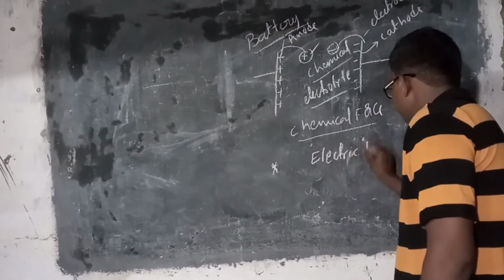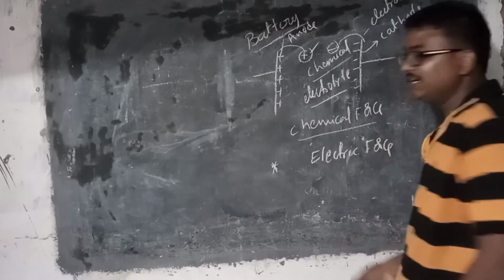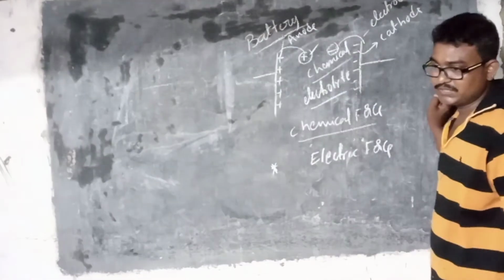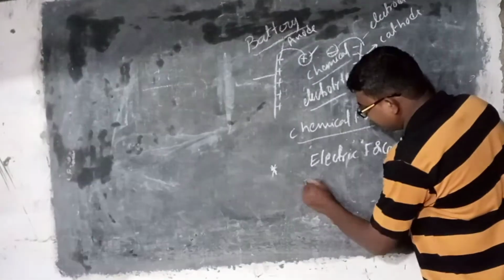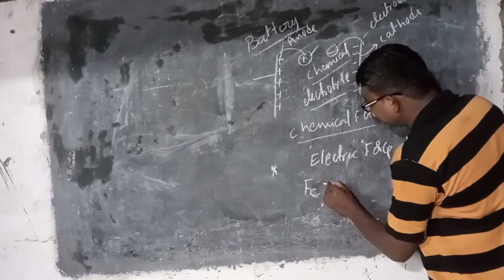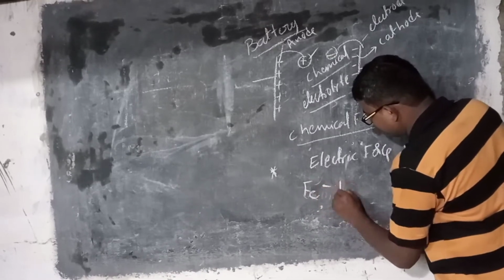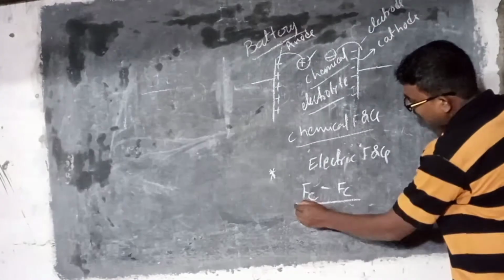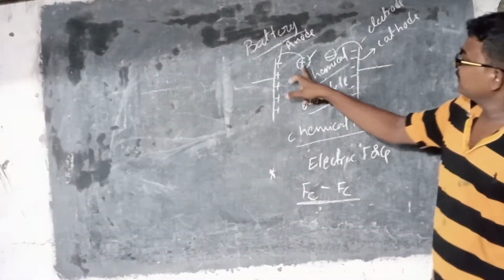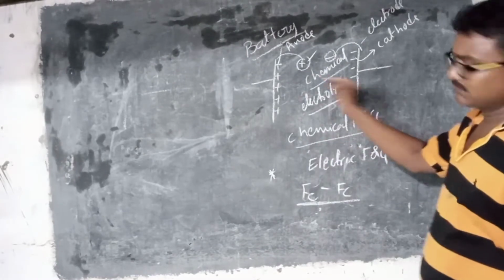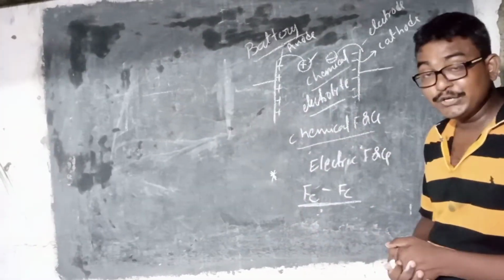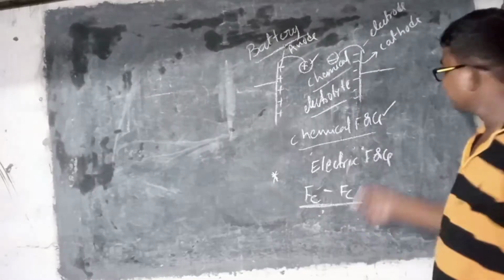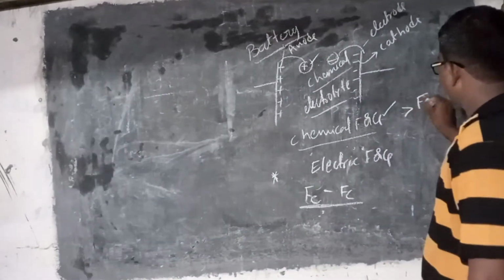Here the direction of chemical force and the direction of electric force are quite opposite. The motion of ions continues if the chemical force is greater than the electric force.